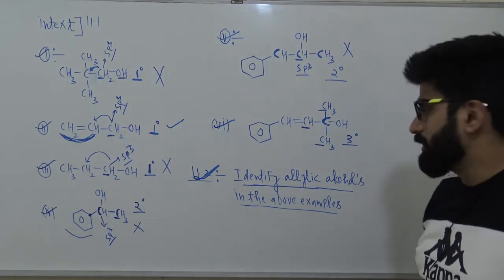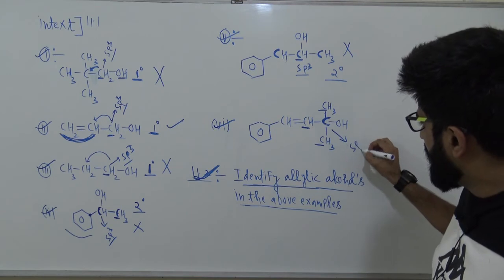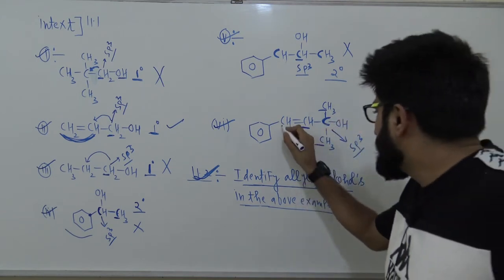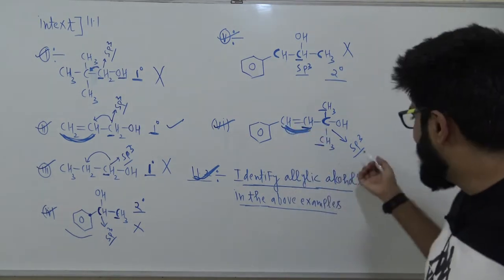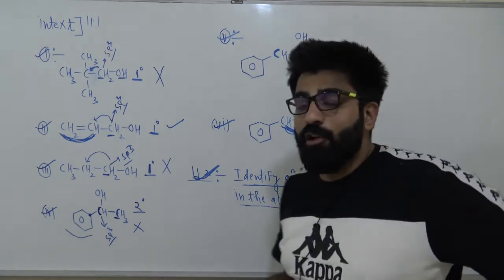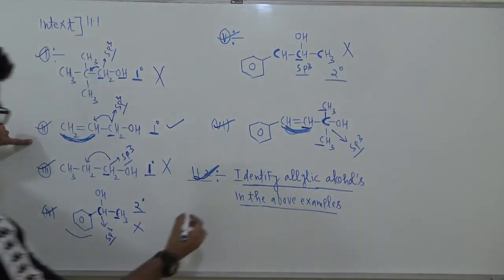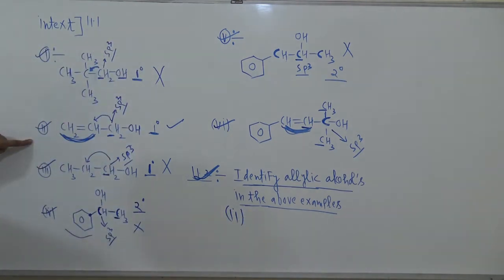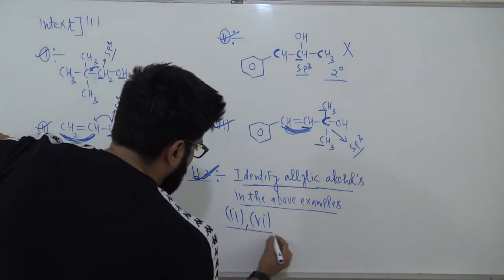Come to the next question. Here if you see, this OH is attached to sp3 carbon, and yes, that is next to C double bond C. So yes, this is also an example of allylic alcohol. So what are your allylic alcohols? Your second is your allylic alcohol, guys, and then the sixth one is your allylic alcohol. So can you do that?